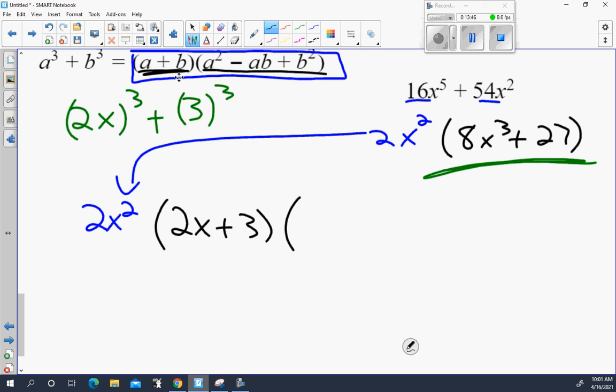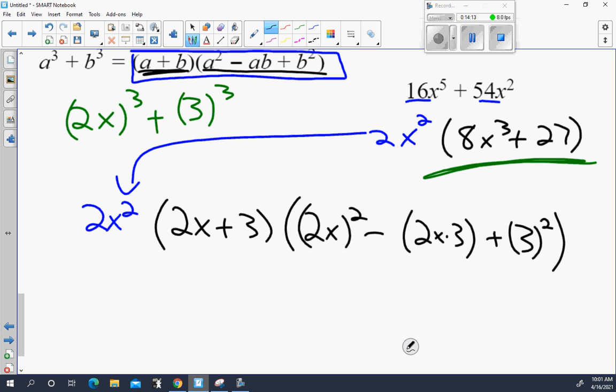A squared is 2x squared, minus AB, which is 2x times 3. And then plus 3 squared. Okay.